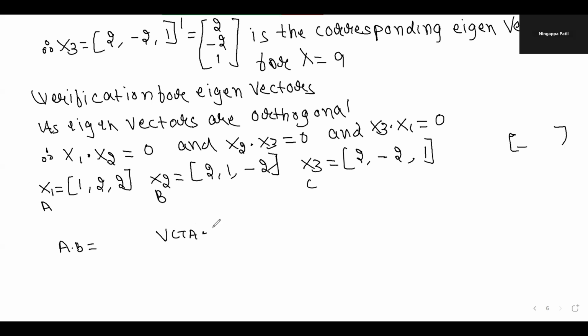Then again shift, again vector, fifth button. What I want? The vector B, means 4th. Then on the display of the calculator, VCT B, and press equal to button. 0 you are getting.